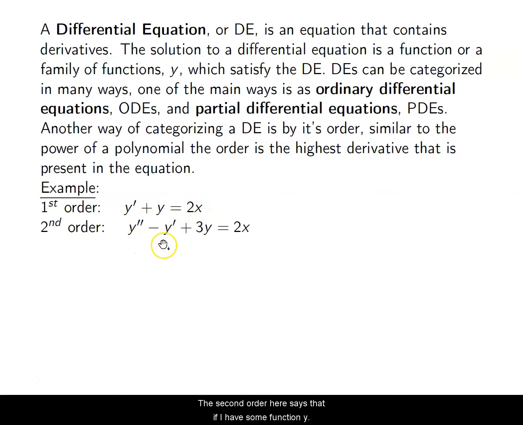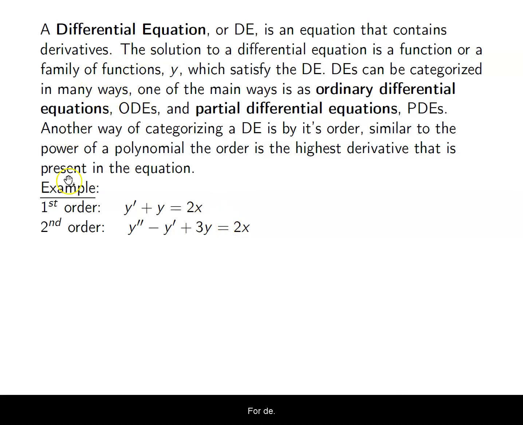The second order here says that if I have some function y and I take its second derivative and I subtract from that its first derivative and add to that 3 times my function, I will get 3x, right? So here I'm doing manipulations, arithmetic, on my function that forms a solution for my DE, right?